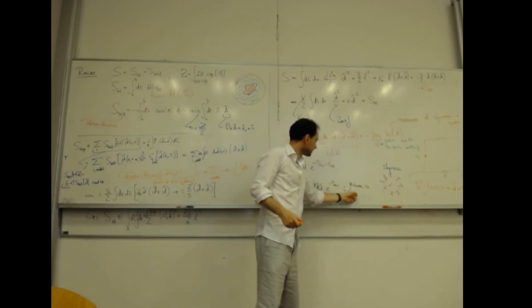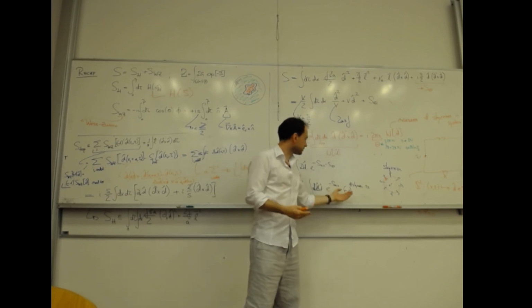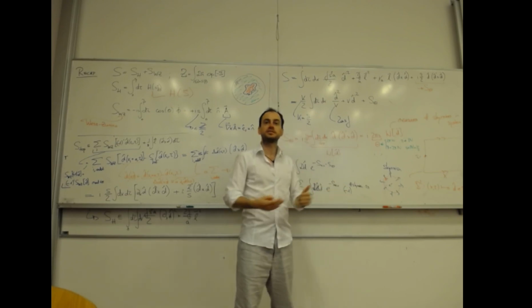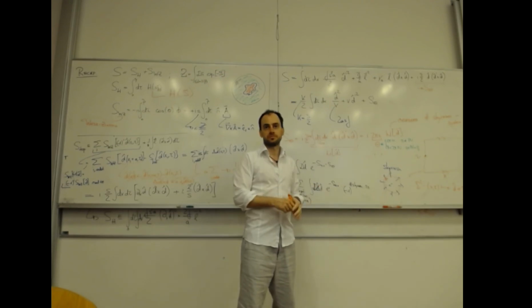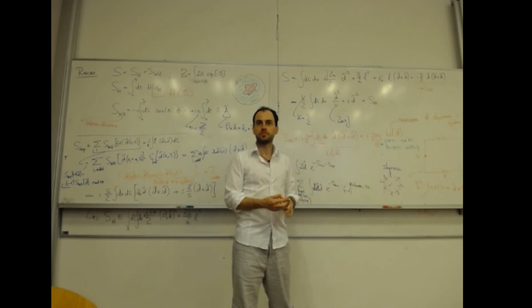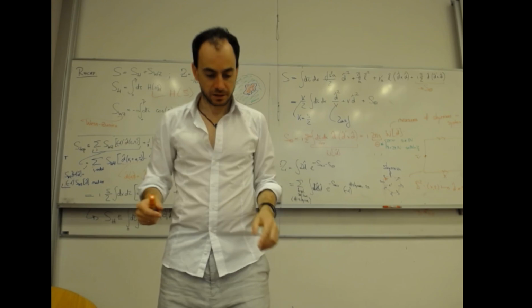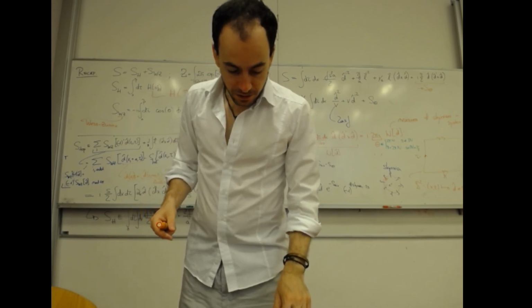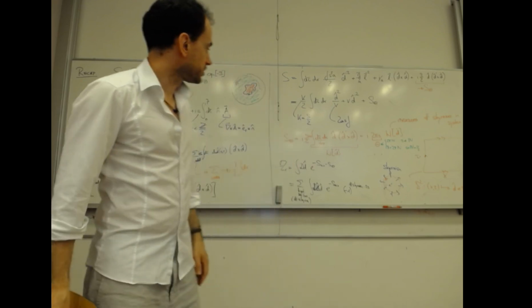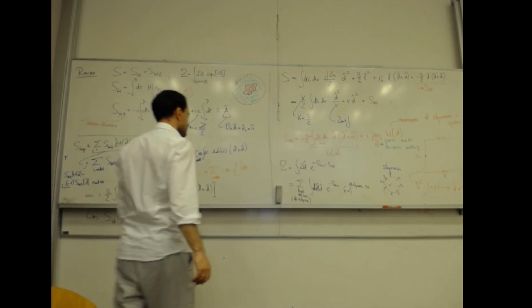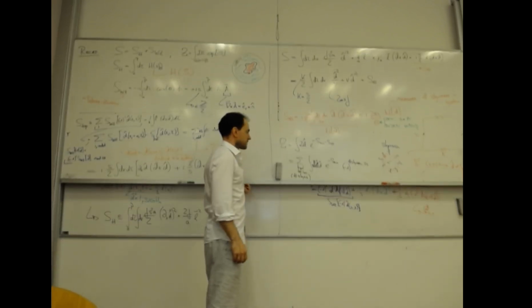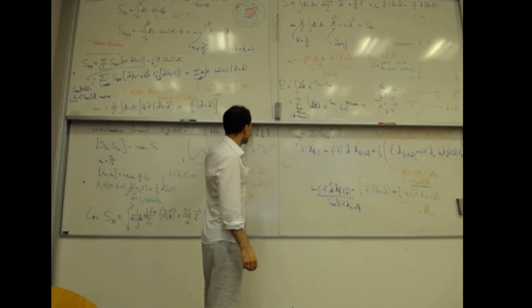But this sort of interference effect between the different topological sectors prevents this from going all the way down to 0. That's the idea behind it. Okay, and that's the Haldane conjecture. So maybe I should write it out once.